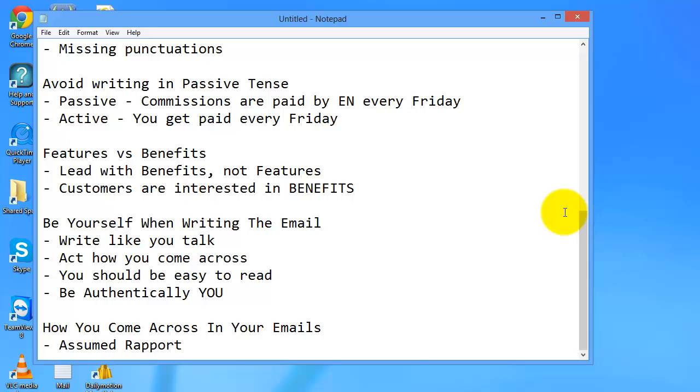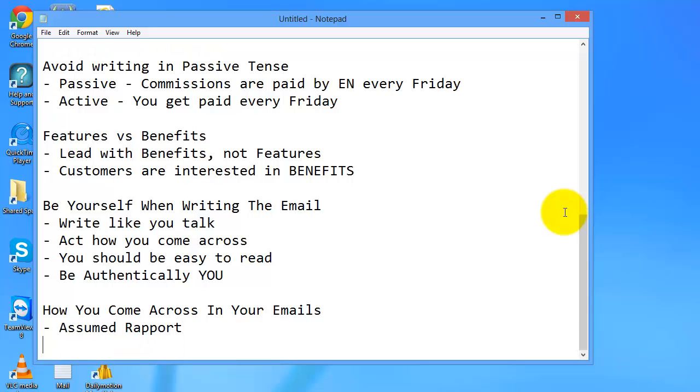You do not have to. You can skip all that part, and just assume that they know you personally, and you know them personally, right? Because whatever emails you are sending are all personalized as well. So just assume that the rapport is already built, and you do not have to build it again.